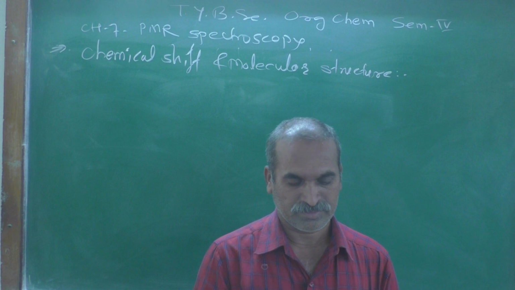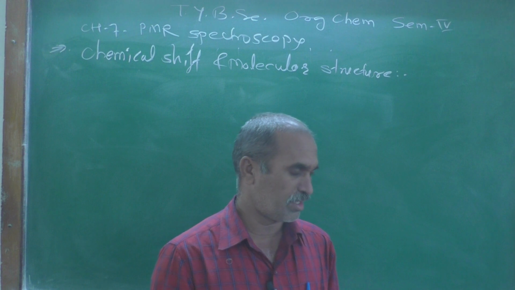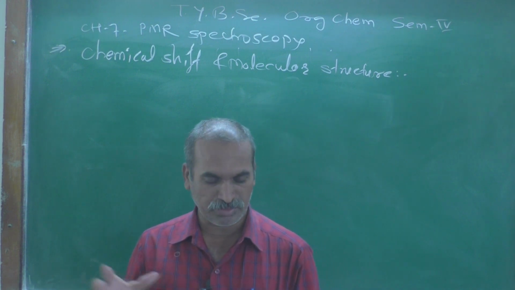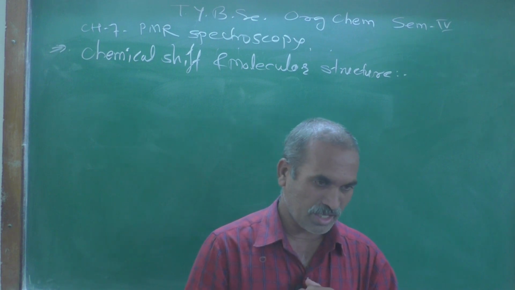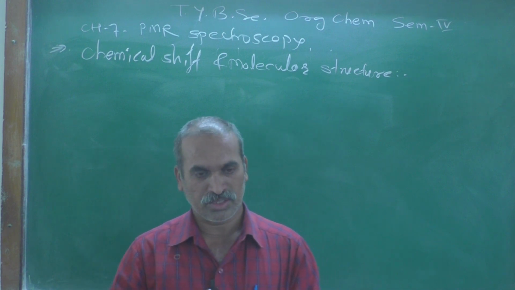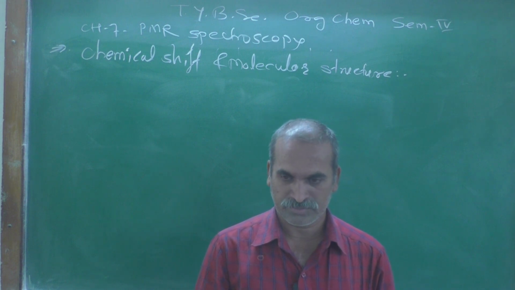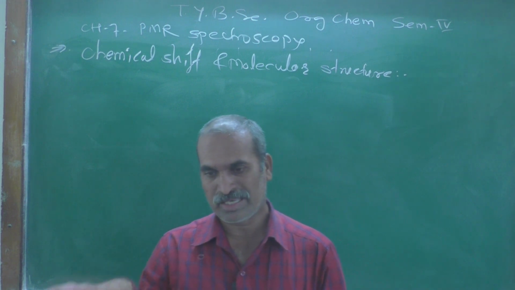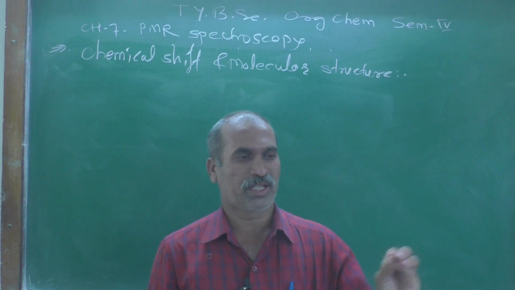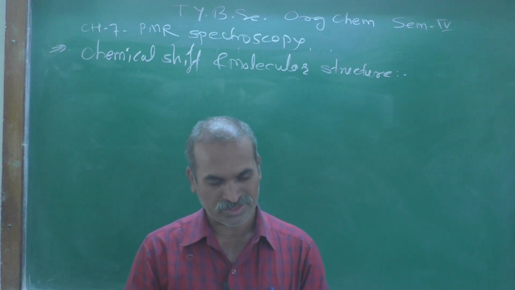So far we have discussed some examples like vinylic proton, aromatic proton, aliphatic proton, aldehydic proton, acetylenic proton, and why the acetylenic proton is more shielded as compared to the vinylic proton, with the help of examples and the appropriate reason behind it, which we have discussed clearly.